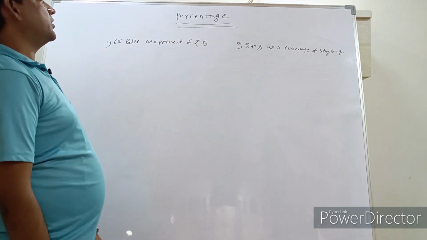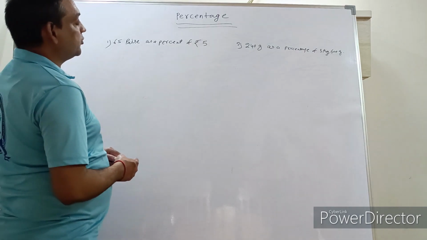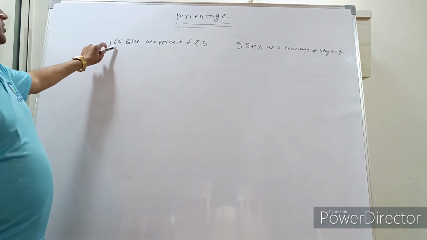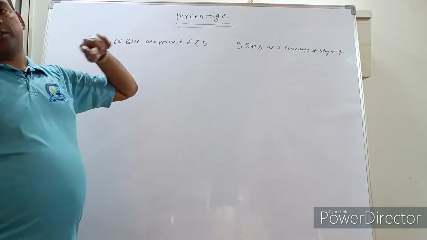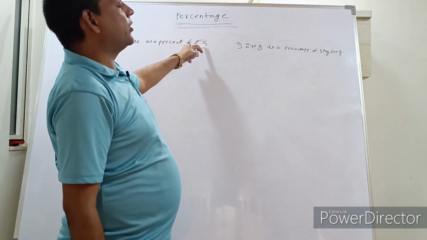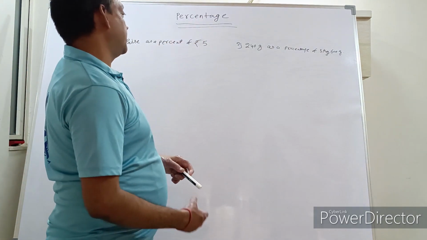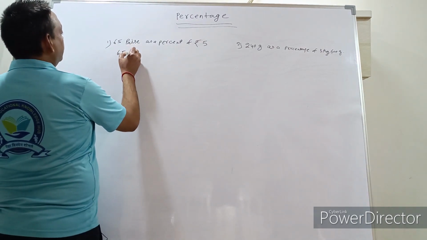We have to convert both into the same unit. Now we can either convert 65 paise into rupees or 5 rupees into paise. Here I always prefer making the bigger one small, because we have to multiply in that.